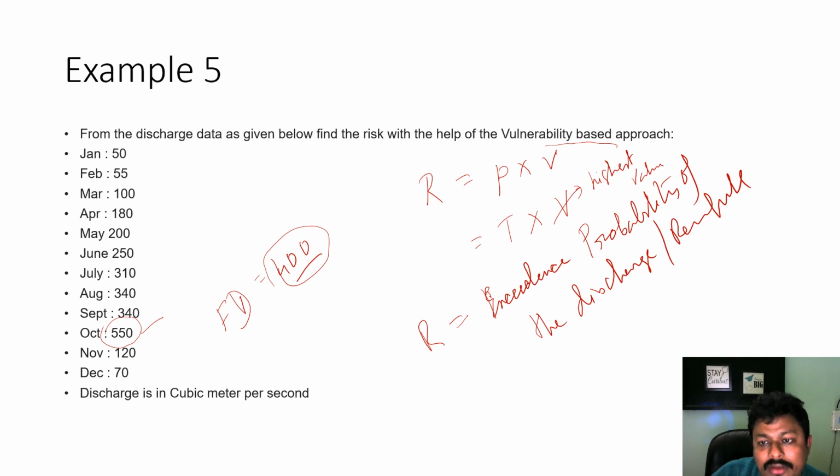The level of vulnerability will be mentioned, like 400, right? After that you will just find which are the values that are exceeding this vulnerable value. Suppose this is 400, here only one value is exceeding.